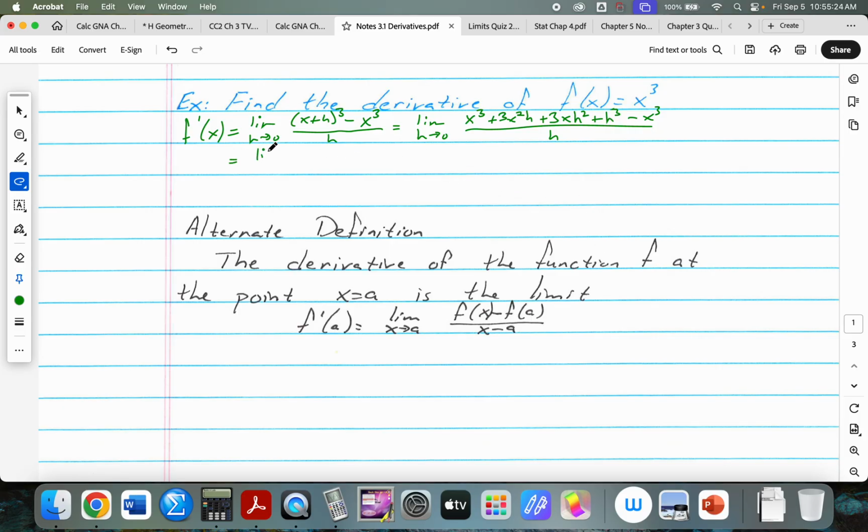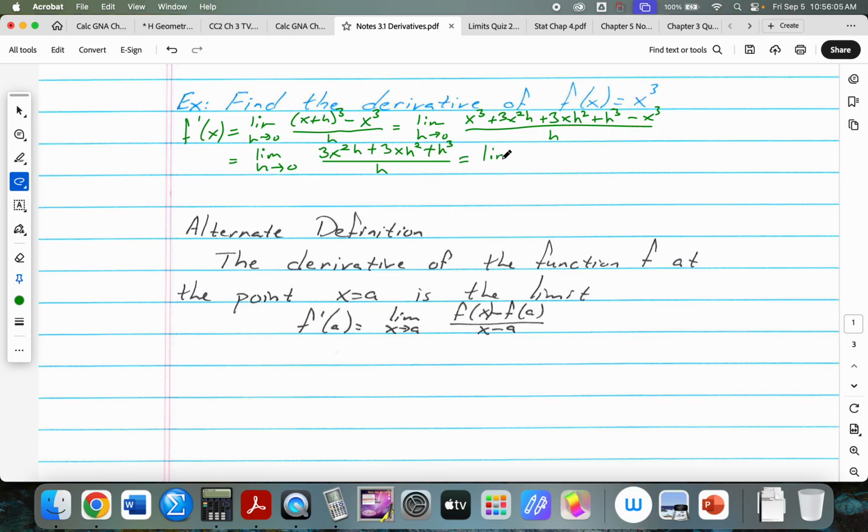So that's going to be the limit as h goes to 0 of, notice the x cubed minus x cubed drops out. So I've got 3x squared h plus 3xh squared plus h cubed all over h. Again, as we've done numerous times now, since h is never equal to 0, it's just getting close to 0, it's legal for me to divide everything by h.